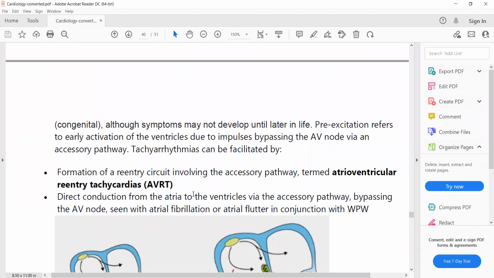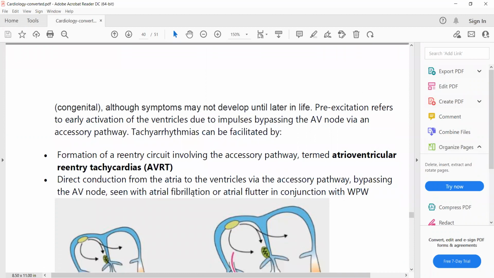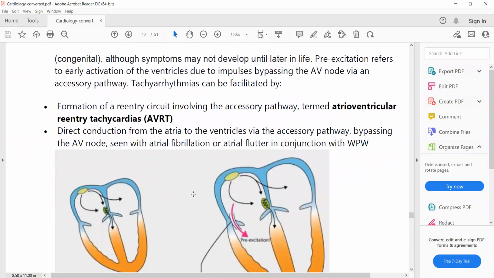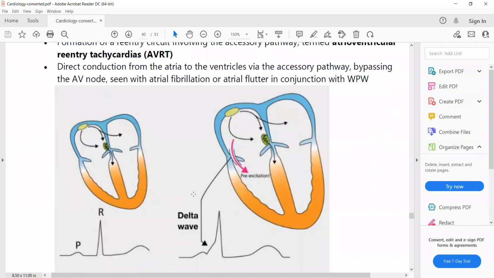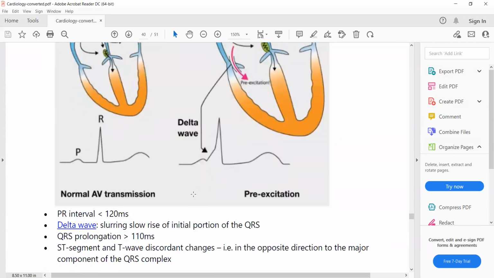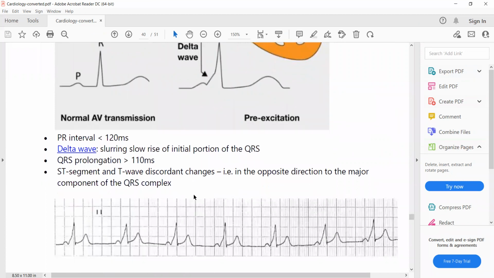Wolff-Parkinson-White syndrome is basically a congenital disorder, and this accessory pathway can result in atrial fibrillation, atrial flutter, and other types of arrhythmias as well. That's why Wolff-Parkinson-White syndrome is dangerous.